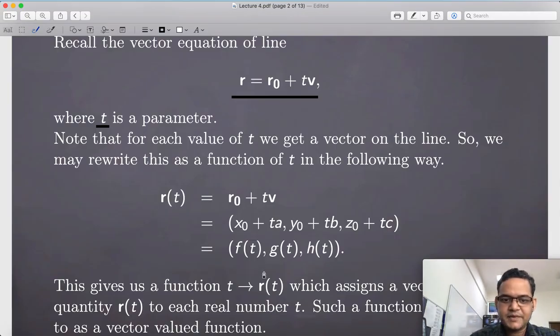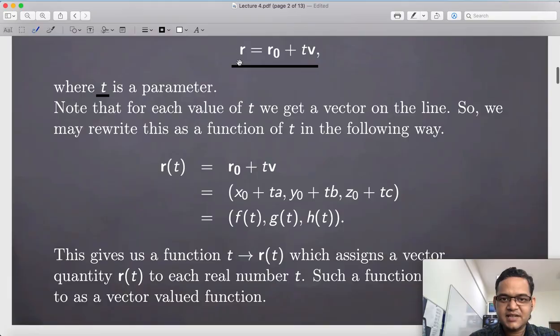If I express this side depending on t and call it r(t), then I can write down the components. Each component is a real number.